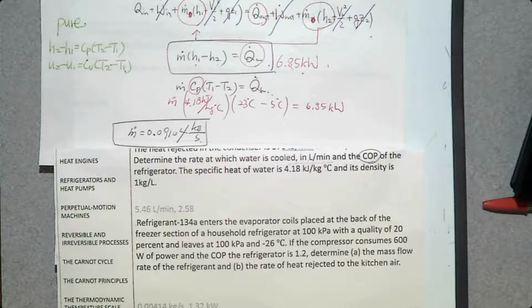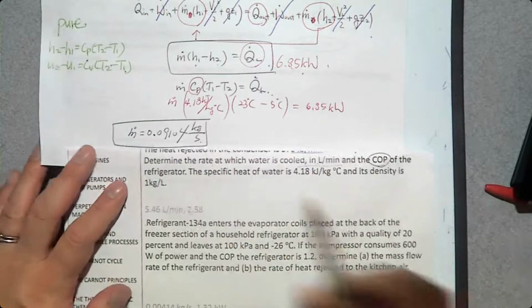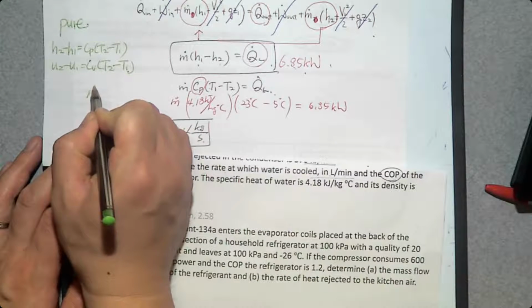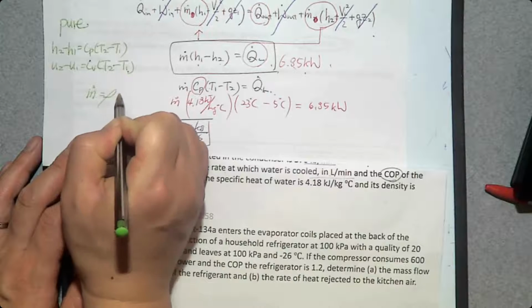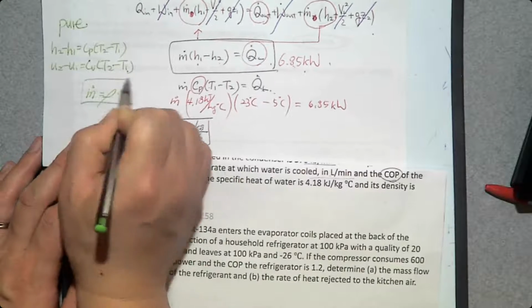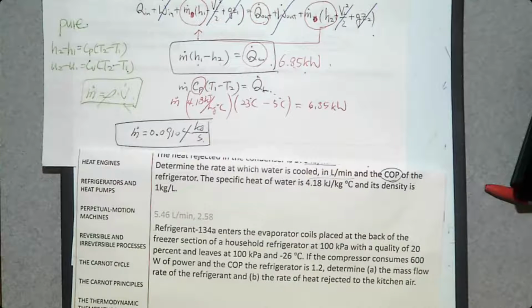So how can you determine volume flow rate from mass flow rate? M dot is density times volume flow rate. That means volume flow rate is mass flow rate divided by density.